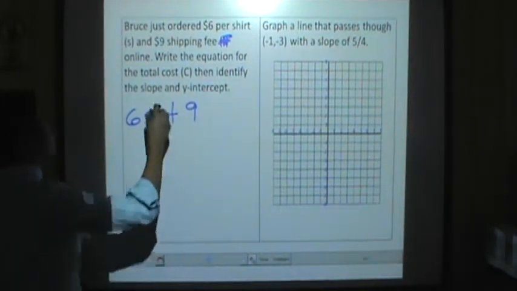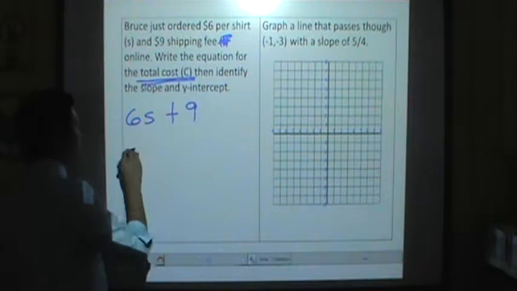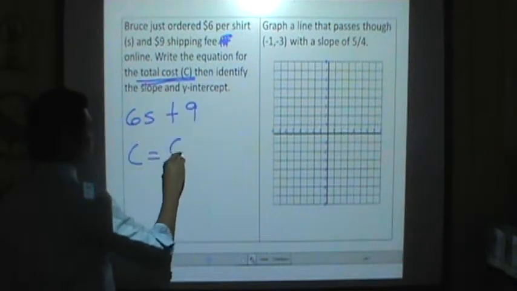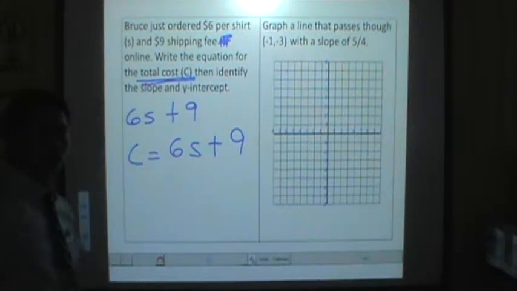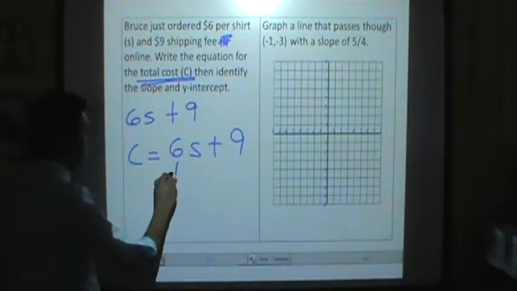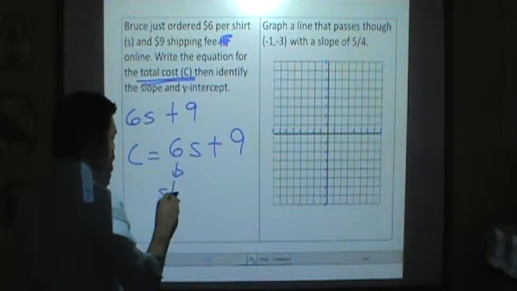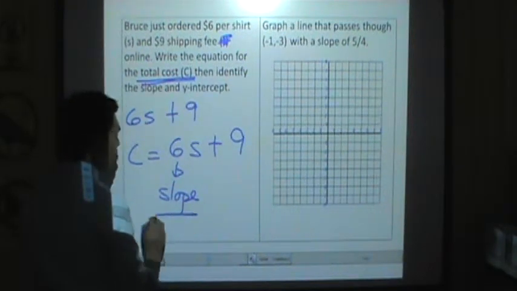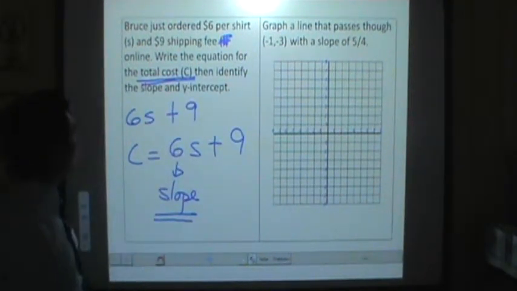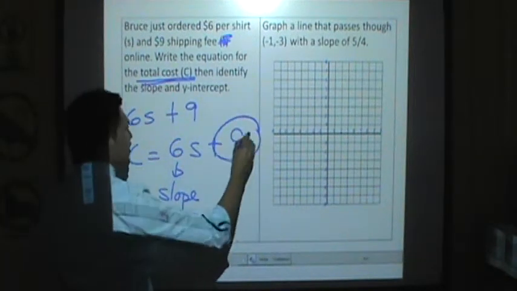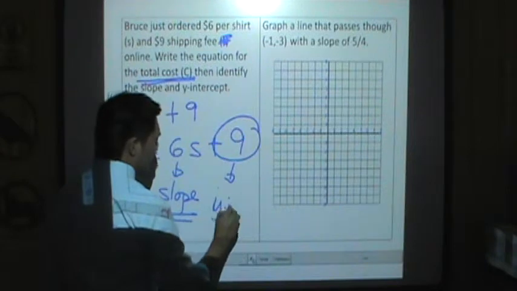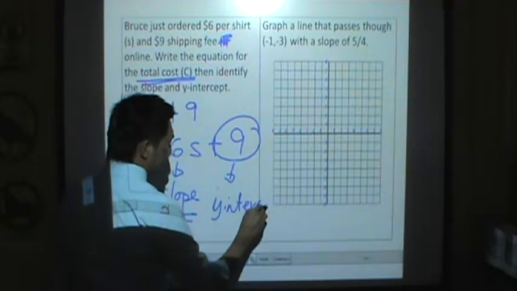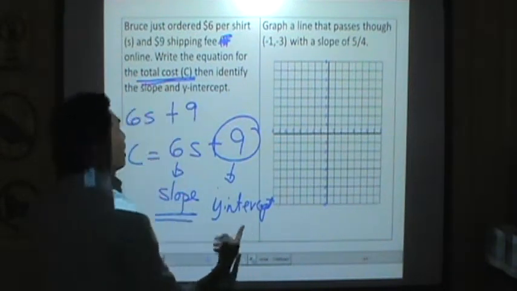Write the equation for the total cost. Here C is equal to 6s plus 9. Now, again, using y equals mx plus b, your 6 is going to be your slope, while the 9 will be the y-intercept.